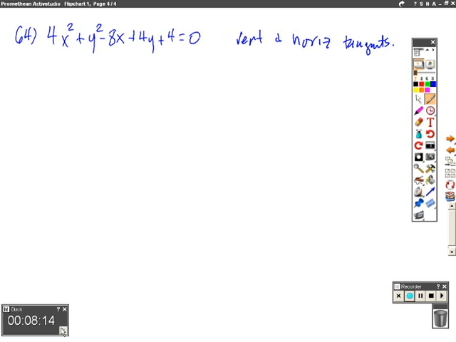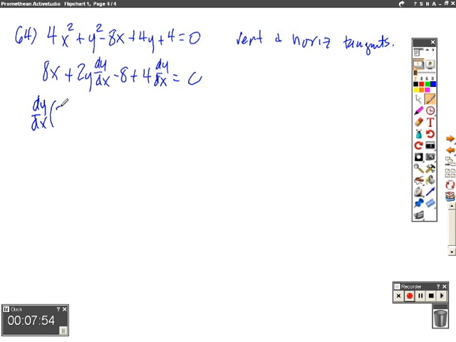64 is basically the same type of problem, vertical and horizontal tangents. So the first thing I'm going to need to do is to find the derivative, and then after I find the derivative, I'll set the numerator equal to 0 and the denominator equal to 0.